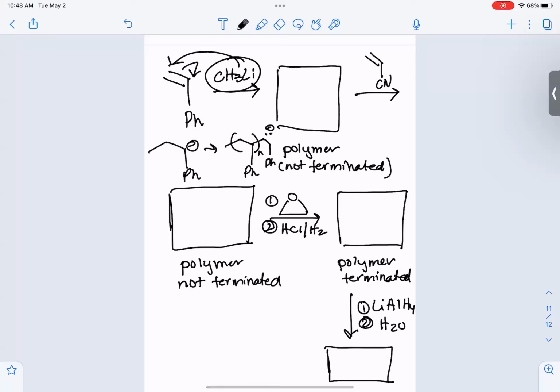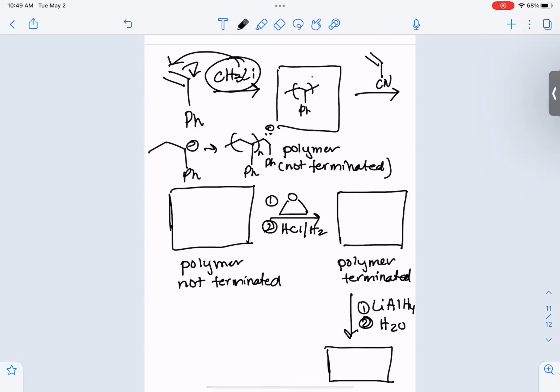So all you would have to draw here is essentially what I draw on the bottom, but I'll redraw it.